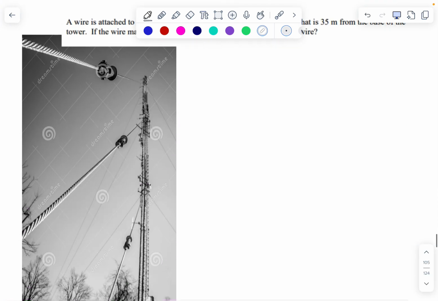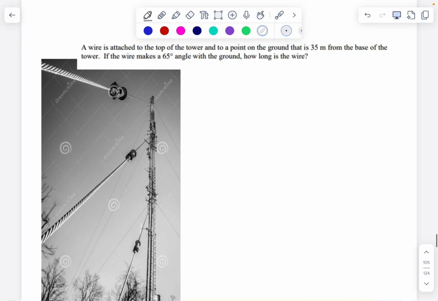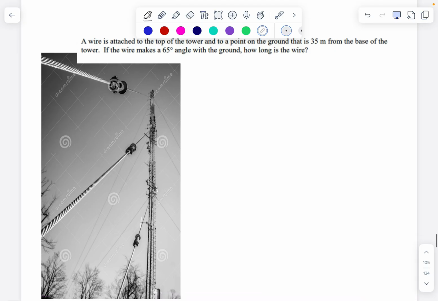All right, let's go to this one. This is kind of an awkward picture, so you'll need to let your eye read it, and then let your eyes kind of look at it to see what the situation is. This is like one of those tall radio towers, tall skinny ones.